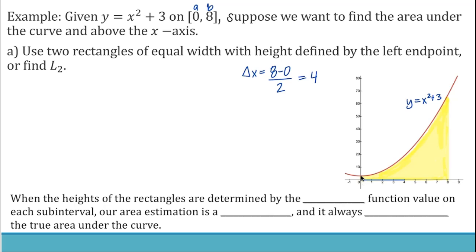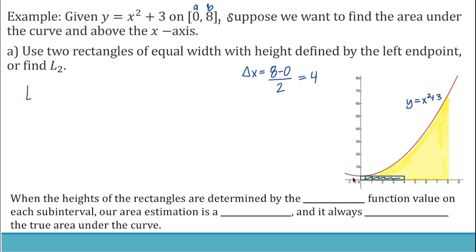So I'm going to go find the function. The height for that rectangle is found by going to the x value 0 and then going to that corresponding y value up there. And that's the height over that entire interval from 0 to 4. So we want to find the area of that rectangle.